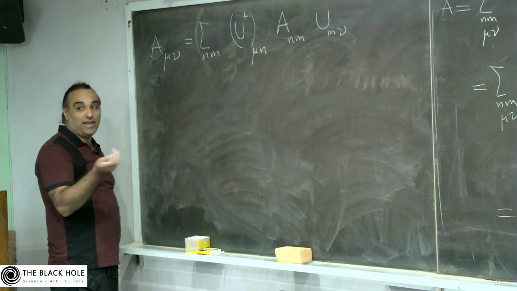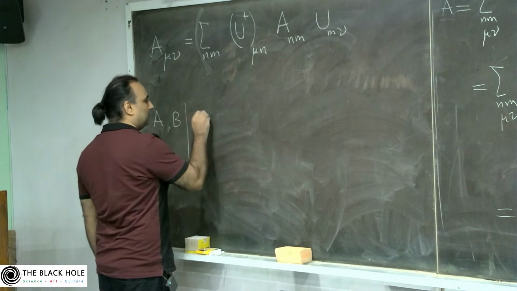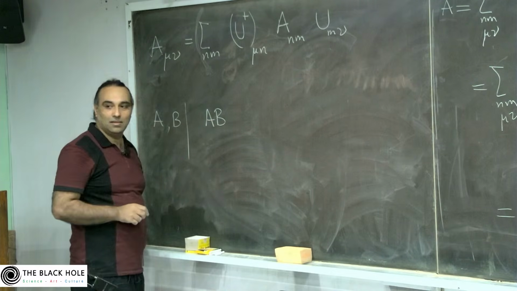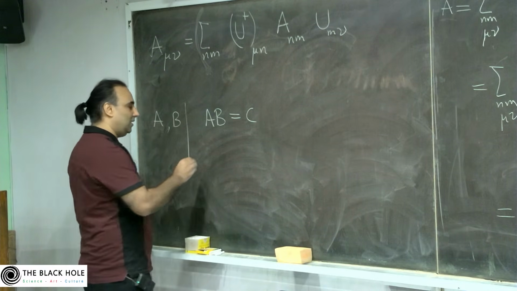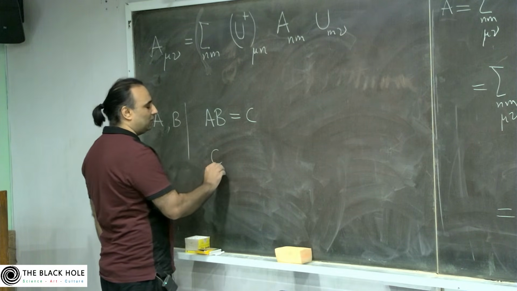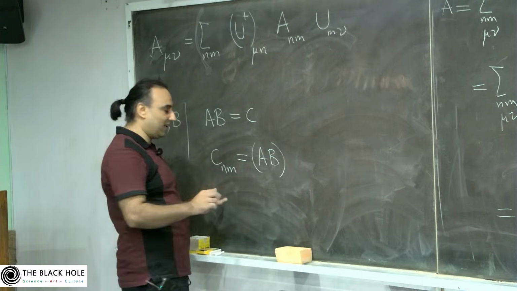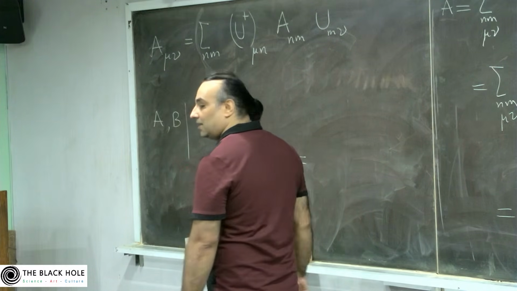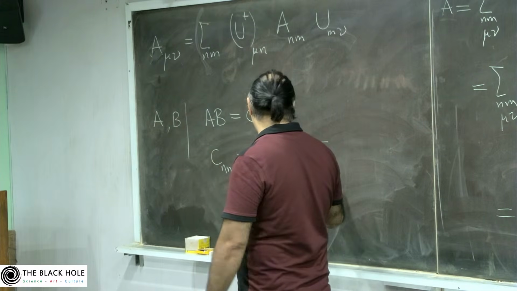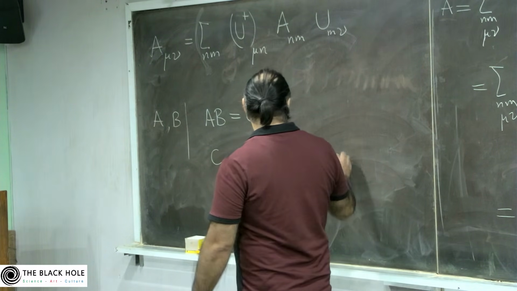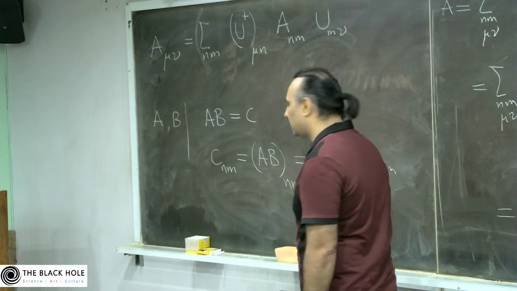Suppose you have two matrices A and B, and you want to multiply them, so you want to calculate AB, we can call it C. Then the matrix element of this C, the nm-th matrix element of this product AB, will be equal to the sum over another index, let's call that p, p goes from 1 to n again, of A np B pm.